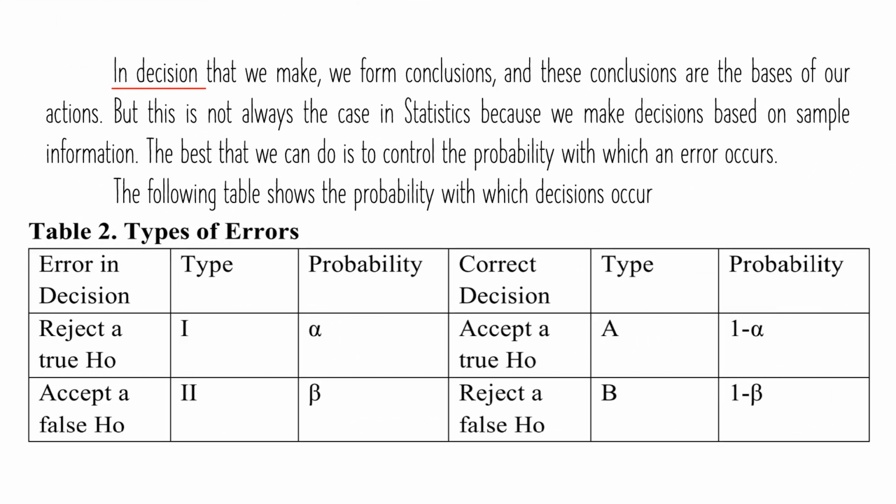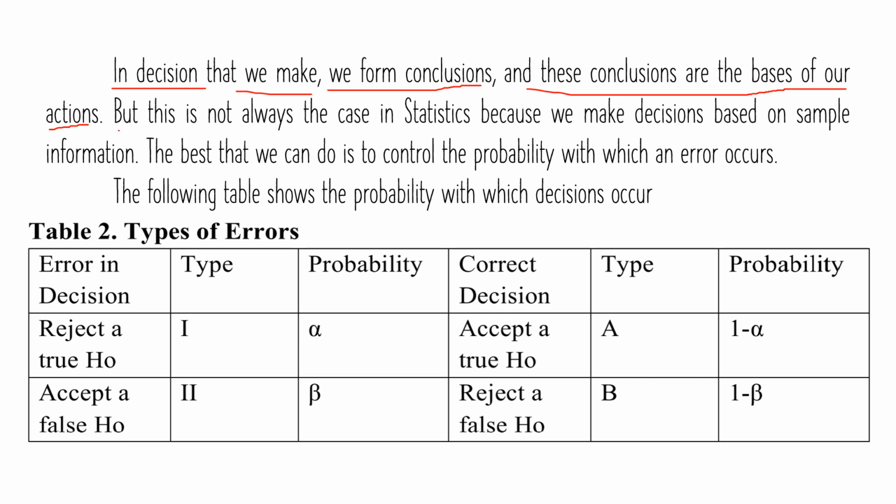So in the decisions that we make, we form conclusions, and these conclusions are the bases of our actions. That's why we conduct research, for us to have conclusions and to know the possible actions right after this research.